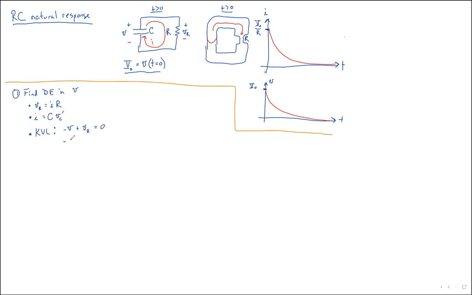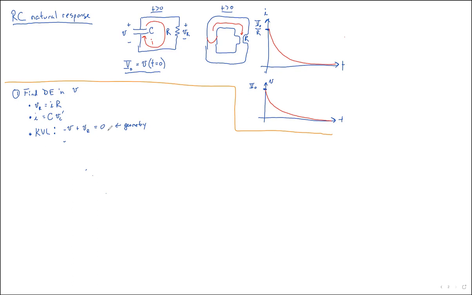This is our circuit geometry. I don't care if it was a capacitor and a resistor, or a capacitor and an inductor, or my grandmother and a resistor. It's going to be V across the capacitor minus V across grandmother plus V sub R equals 0. It doesn't matter what the components are, it just matters how they're connected.